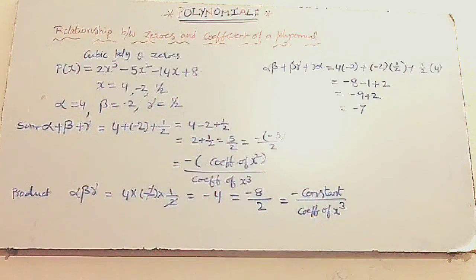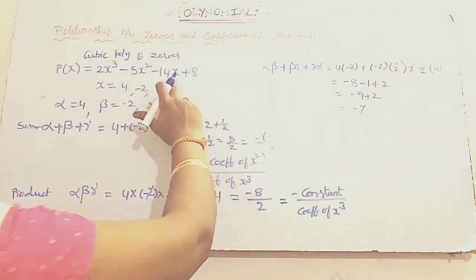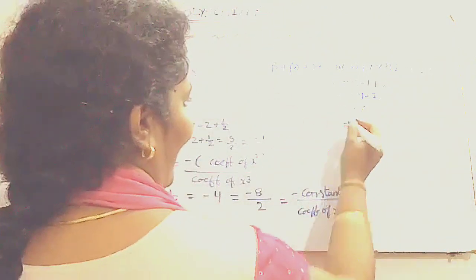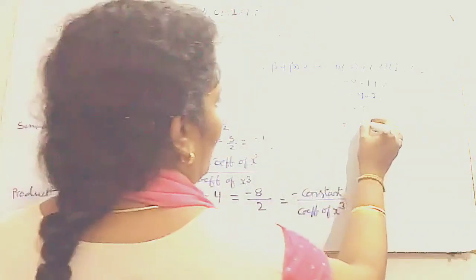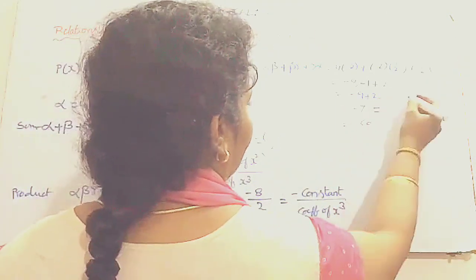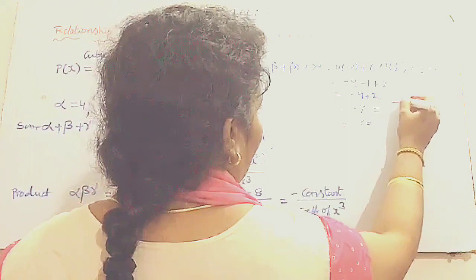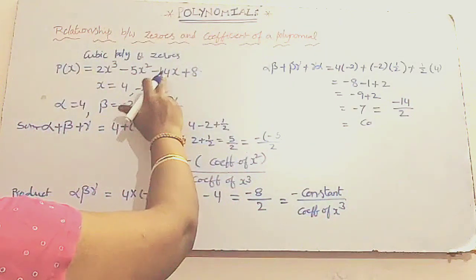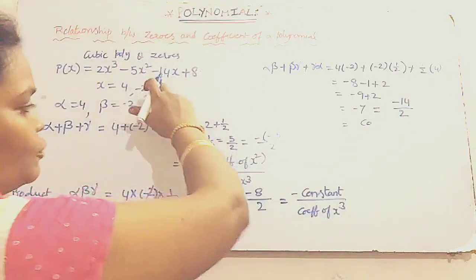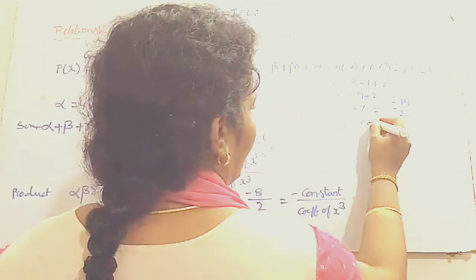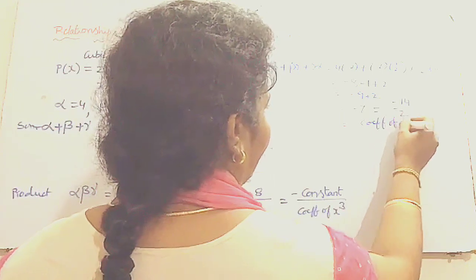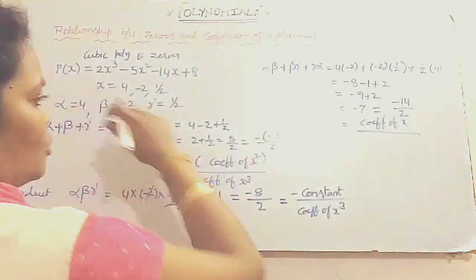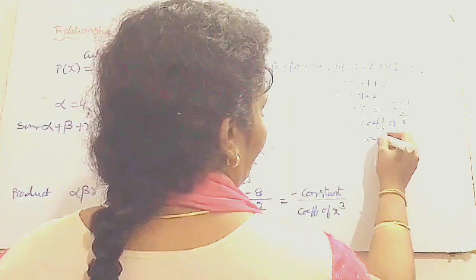So I will write minus 7 as, here 14 is there na. I will write minus 7 as minus 14 by 2. Then what is the coefficient of x? Minus 14. That means coefficient of x by, what is 2? Coefficient of x cube.